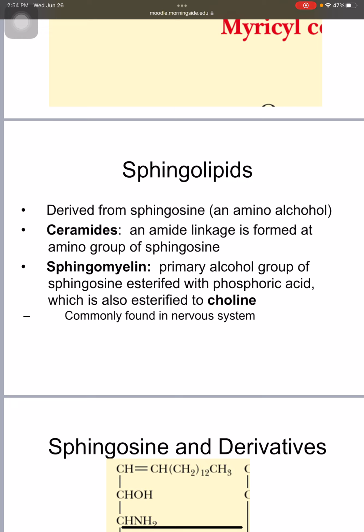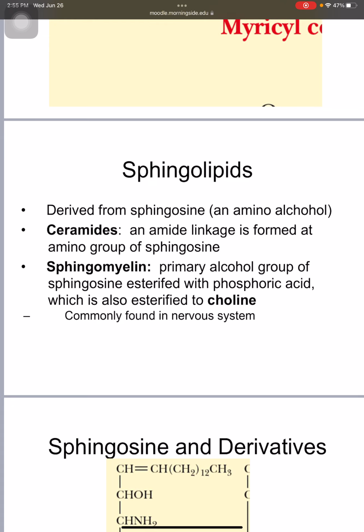Probably one of the most important types of sphingolipids that you can get is something called a ceramide. And again, you may have heard of ceramides in cosmetics or lotions, moisturizers, right? Ceramides are sphingosines that have had an amide linkage formed at their amino group.